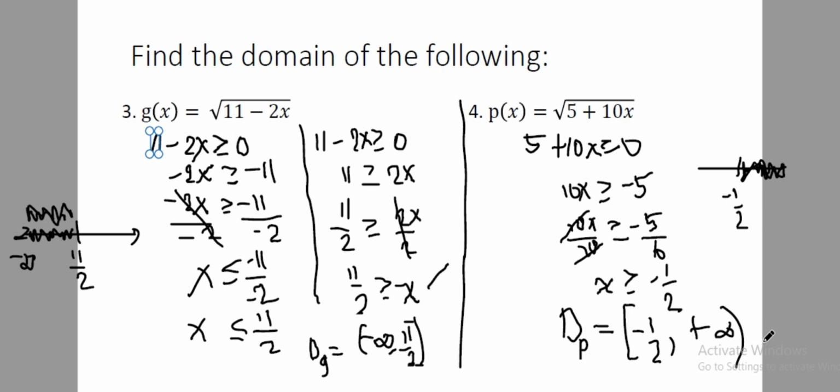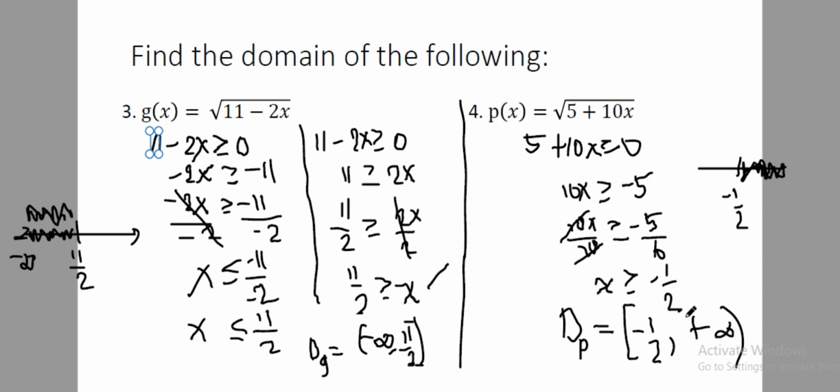Meaning, any value from this domain, if we substitute it into the given function, we can have an exact answer. Otherwise, if you use a number outside of this domain, then we will not arrive at an answer.